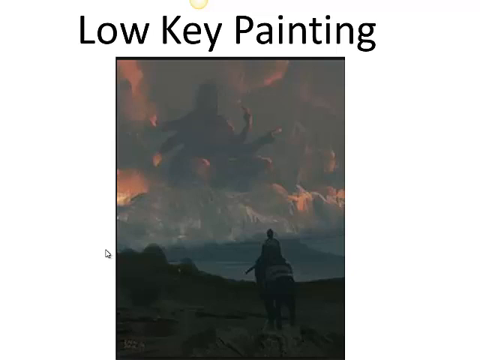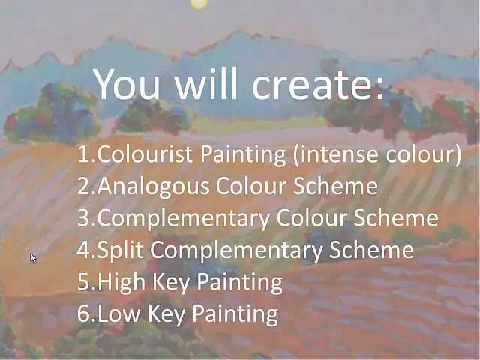It probably will look like it's moonlit. So, all right, let's just recap this. You will be creating a colorist painting that's going to show that you understand saturation with certain values.